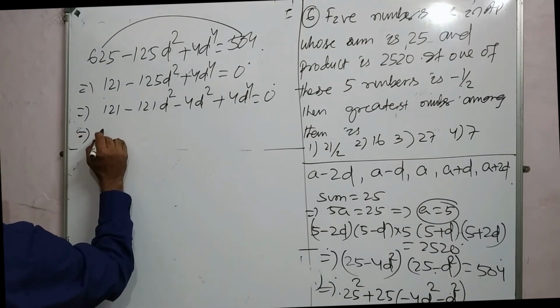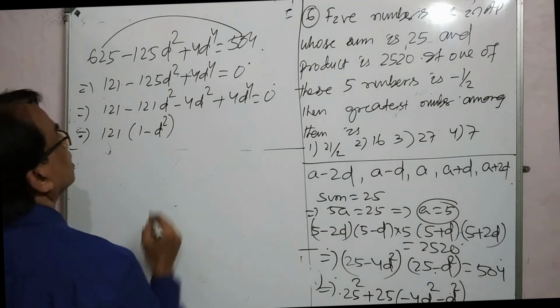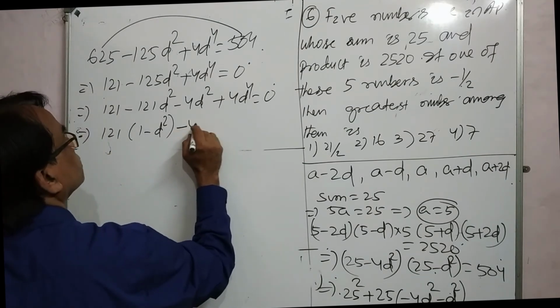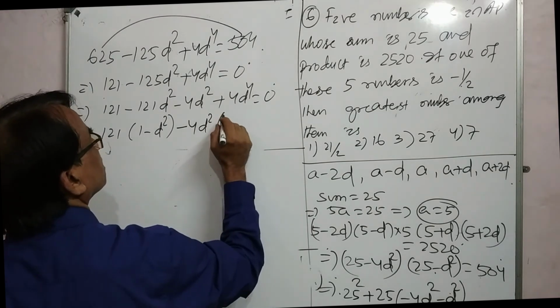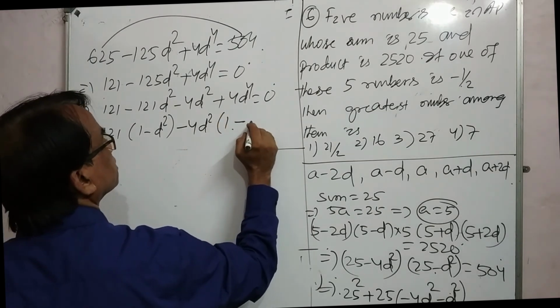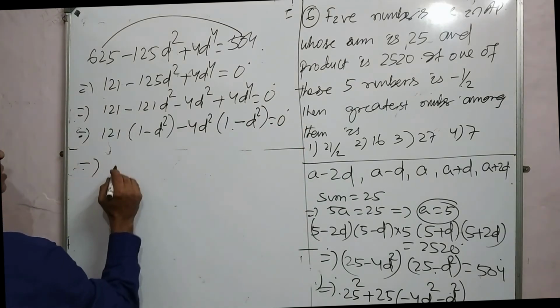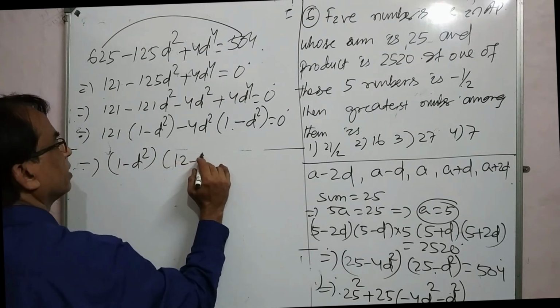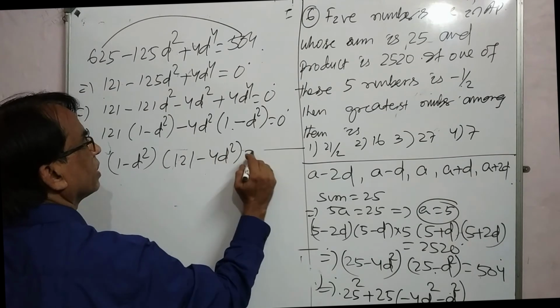Now taking 121 common, 1 minus d square, and from the other terms minus 4d square common, it is 1 minus d square into 121 minus 4 d square is equal to 0.